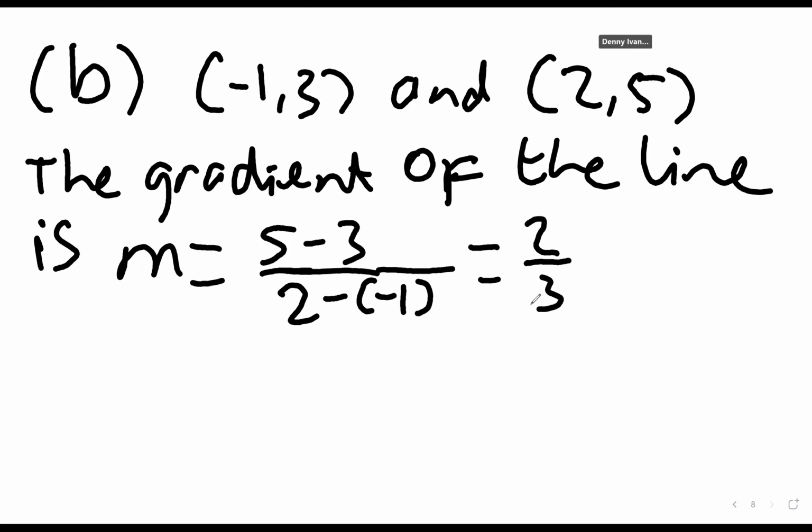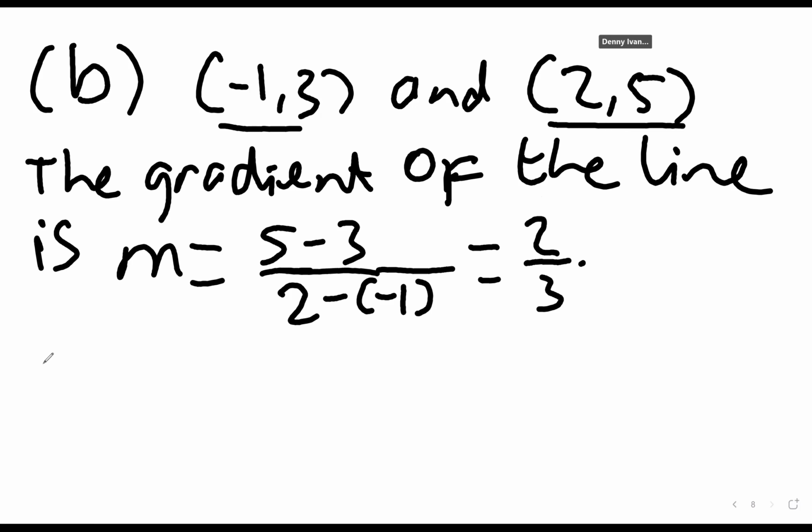So the gradient is 2 over 3. Once we get the gradient, then we can find the equation of the line just like the previous equation. Take one of these 2 points and the information about the gradient, then we get the result.